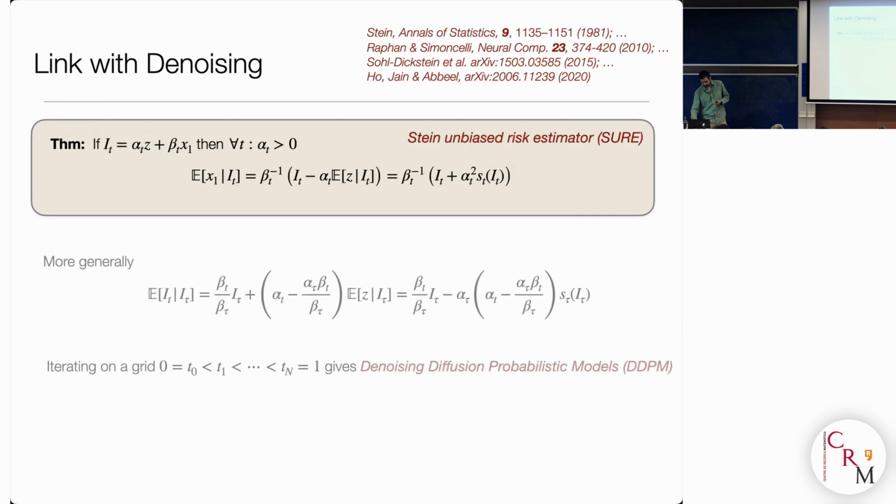Okay? And then there is an interesting result that you can show, which is that there's a connection that you can make here: if you do the Stein estimator where you go from a noisy sample with more noise to a noisy sample with less noise, there is a similar estimator that you can write down. It is written here and it also involves the score. Okay?